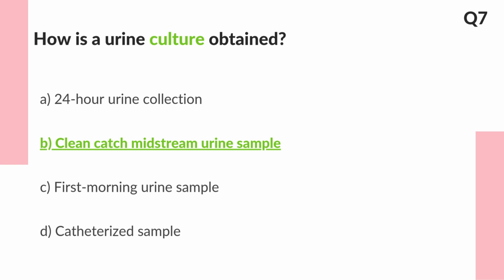After cleaning, they can collect the urine in a small container, making sure they are not touching the lid or the brim of the container, so as not to contaminate it. Let them void for some time, then collect the midstream and close the container you have provided, and then void the remaining urine into the toilet. So this is how you collect the midstream urine.